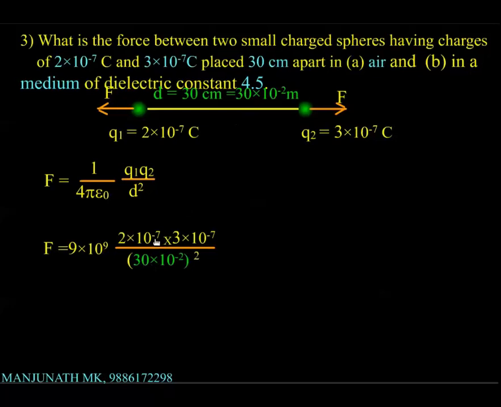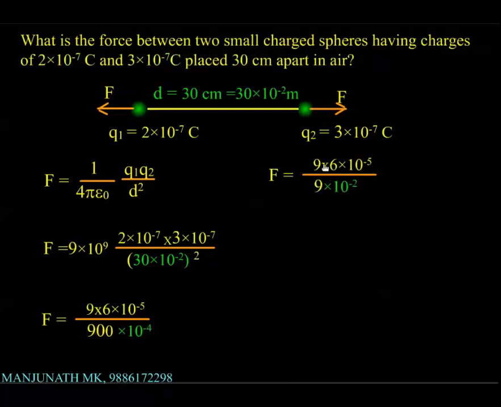So now look here, 10 to the power of minus 7, it is minus 14. Minus 14 plus 9, it is minus 5. And now 2 3s are 6 into 9. 9 into 6 into 10 to the power of minus 5. 30 square is 900. 10 to the power of minus 2 whole square. 2 2s are 4. So now this 0 0, 10 to the power of plus 2 minus 4, it is 10 to the power of minus 2.